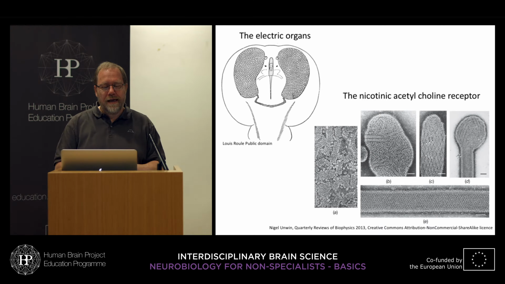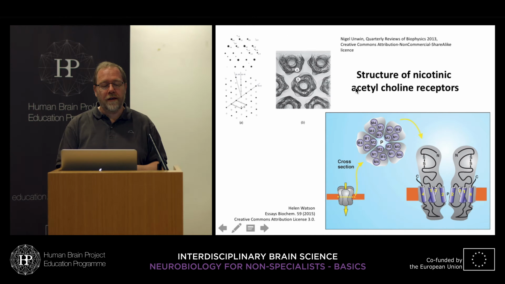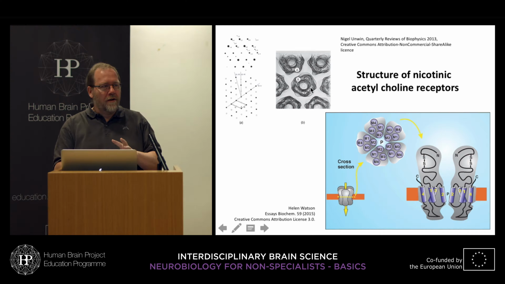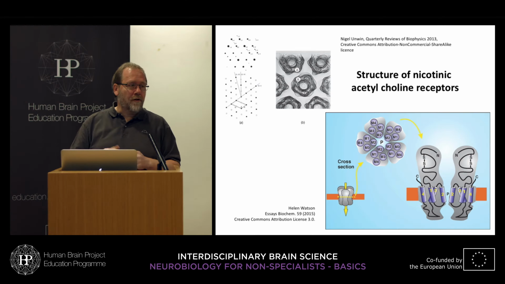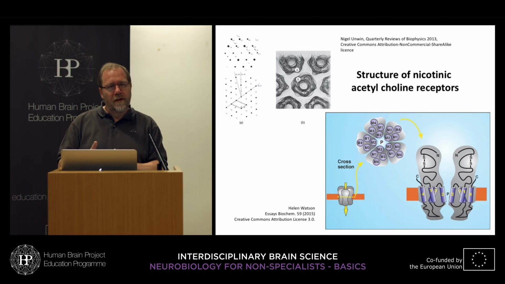So you can see how they are placed in the organ. And if you go to higher resolution with crystallography, you can also see that it's basically something which has 5 parts, or at least 5 bulges, and it seems to have a hole in the center. So what we can learn from this is a number of structure.